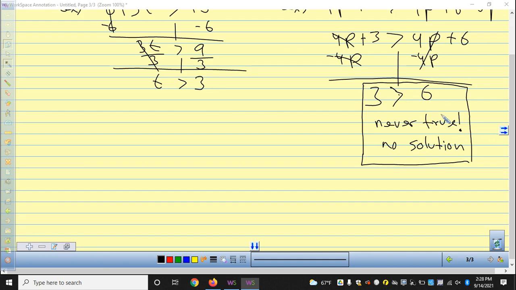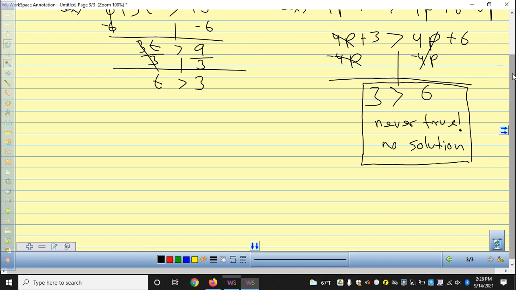So you could write this exact thing, what I have in this square. Just like with equations, we have to be careful of a no solution.